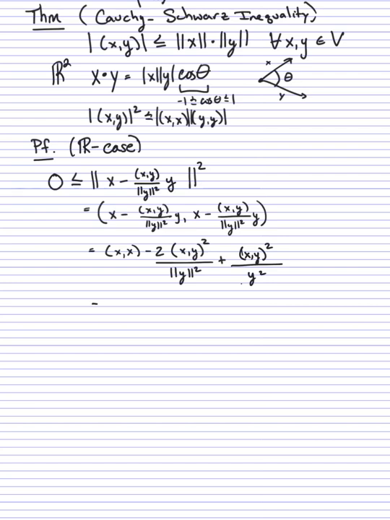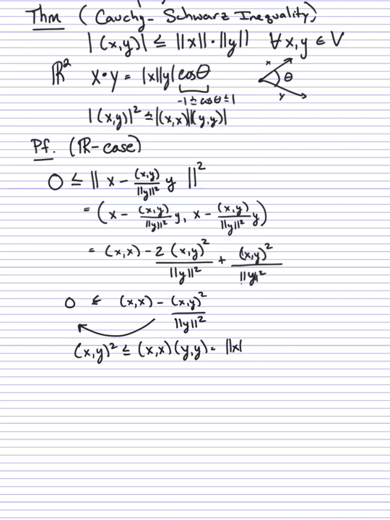Therefore 0 is less than or equal to the inner product of xx minus the inner product of xy squared over the norm of y squared. Oops, sorry, there should be a norm here. Bringing this over and multiplying both sides by the norm of y squared, we get that the inner product of xy squared is less than or equal to the inner product of xx times the inner product of yy. And that is exactly what we wanted to show.